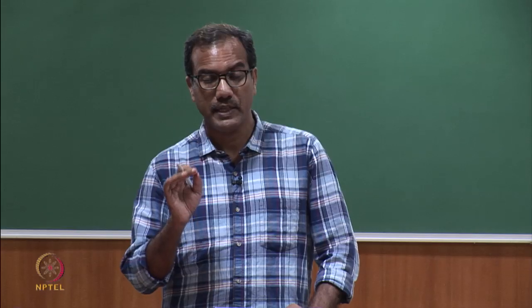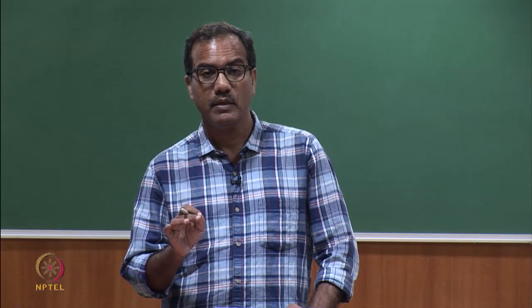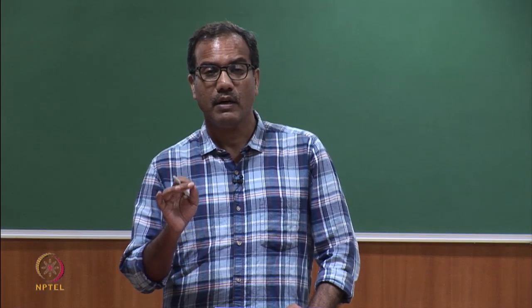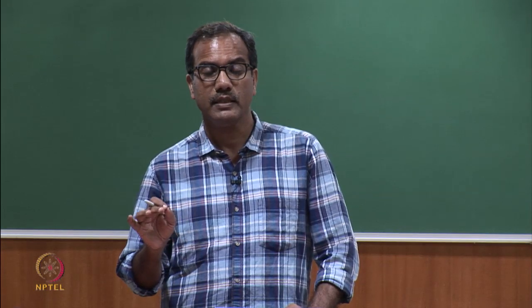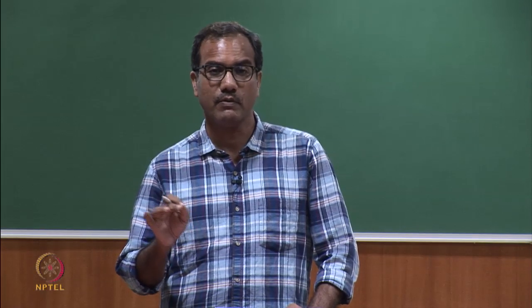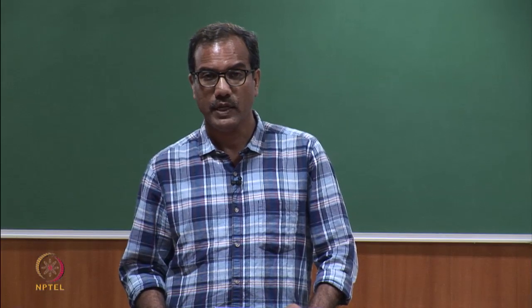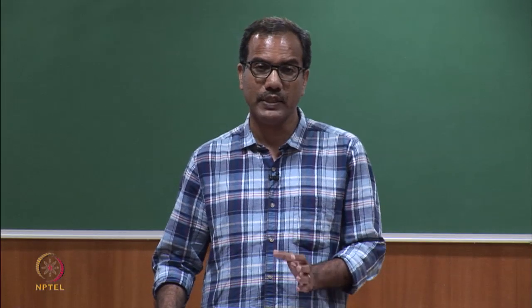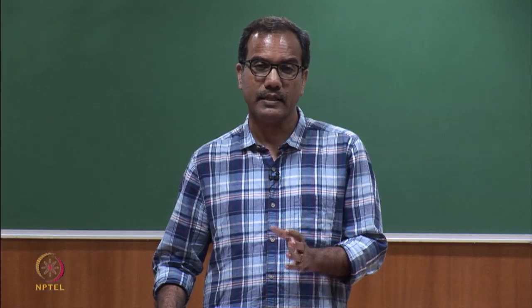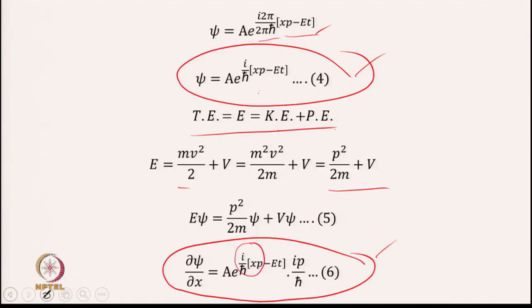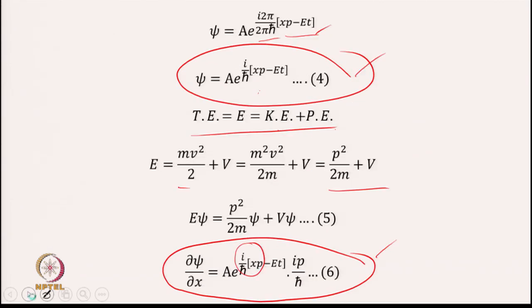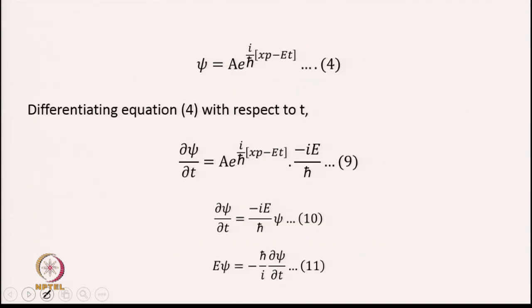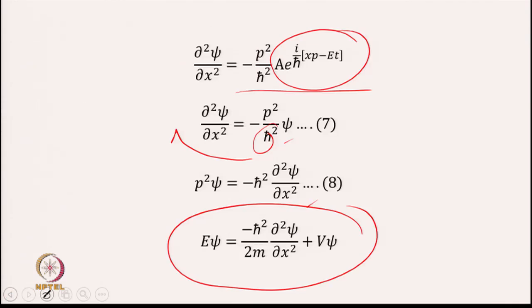This we derived earlier by using a function of sine wave form. Now we have shown here that with an exponential, if we take a function like this, we can have the same time independent Schrodinger equation.